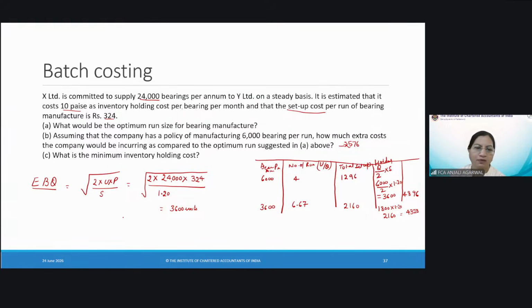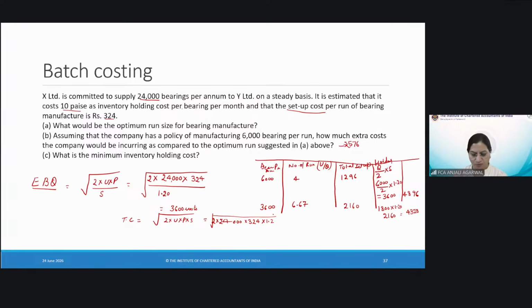The total cost at EOQ, or EBQ, can also be calculated using this formula. Instead of dividing by S, you multiply it here on itself. So you get 2 into 24,000 into 324 into 1.2, and you can take the root of this.